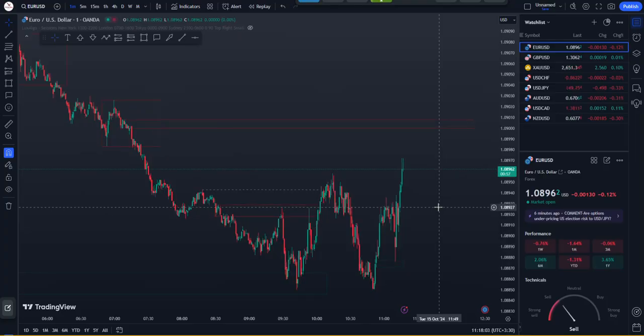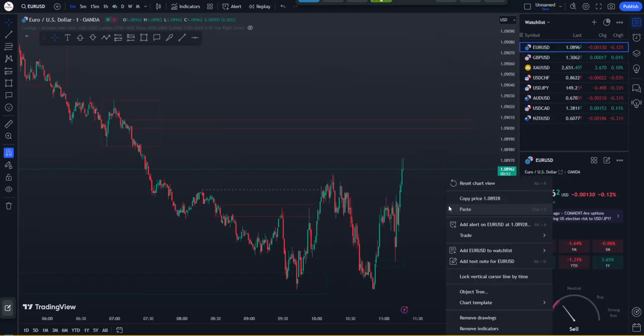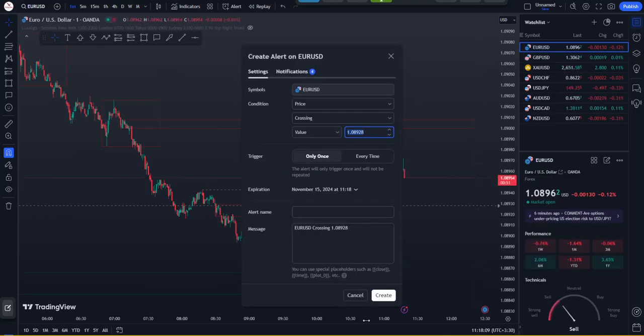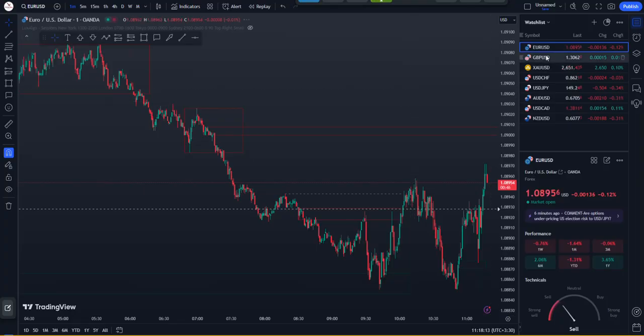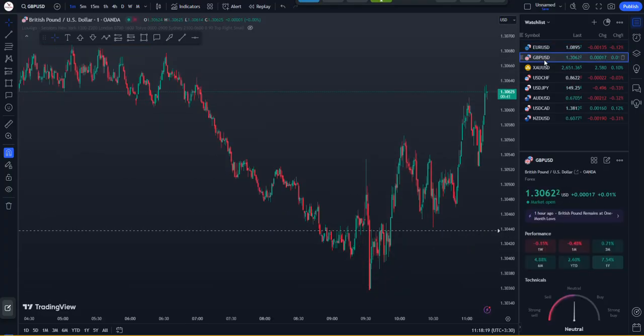So I have to wait for price to come back to this level, and when it comes back to this level I look for another opportunity. So let's see another chart and go to reach that level.